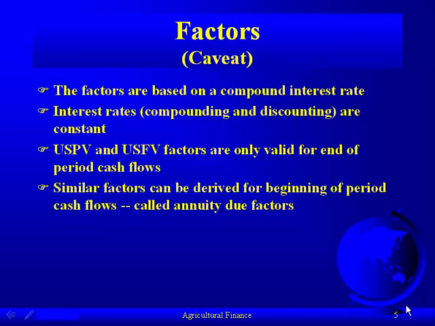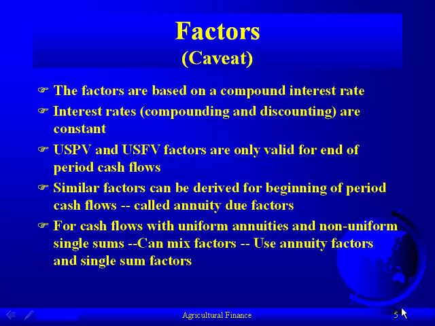They're just like the USPV or the USFV factors, except their arithmetic is based on cash flows that begin at the beginning of the periods and not the end of the periods. Instead of adding 2 more formulas to your toolkit, I'm just going to show you how to look at the problem so you can use the USPV or USFV factors, even if you have beginning-of-period cash flows.